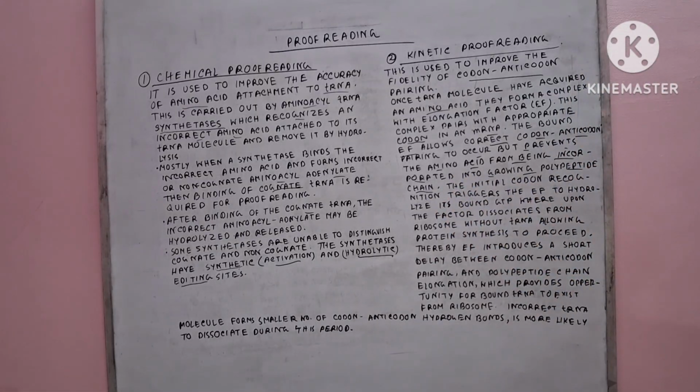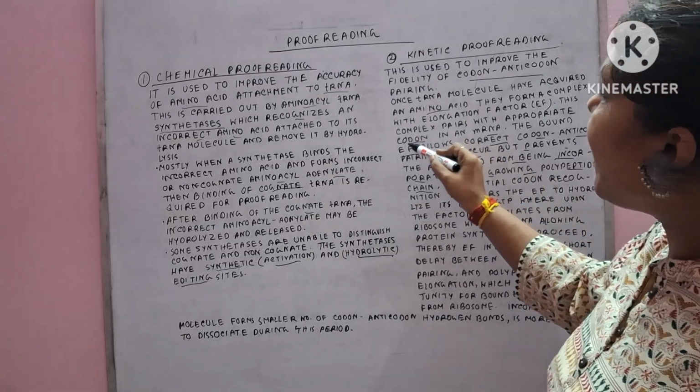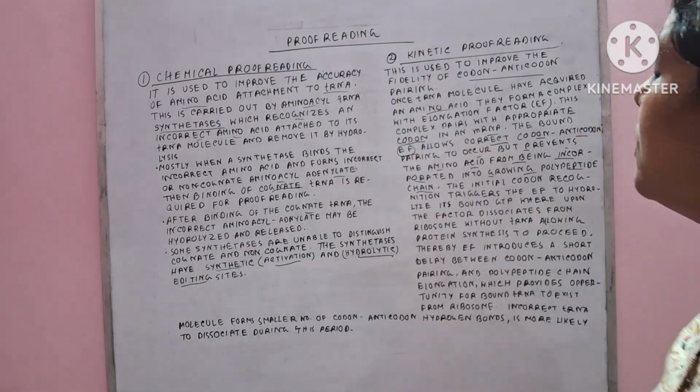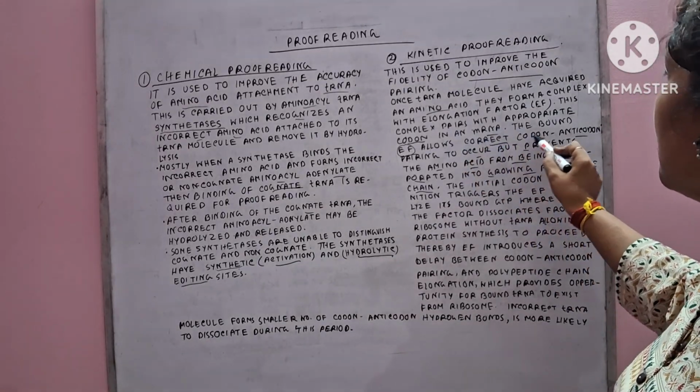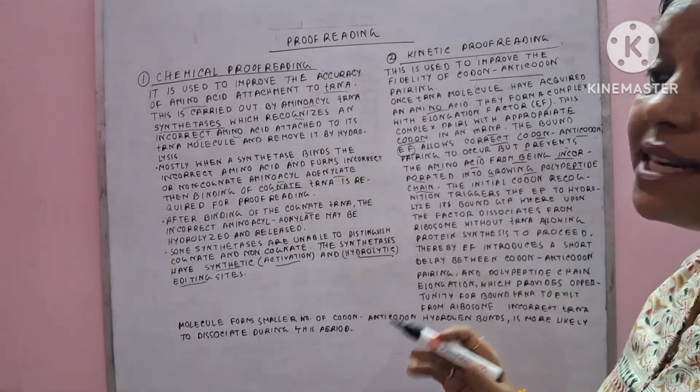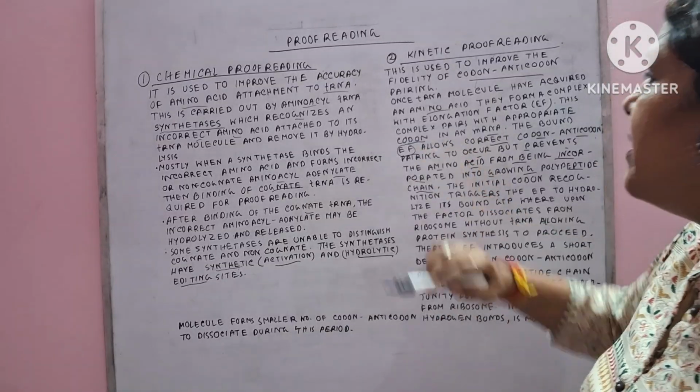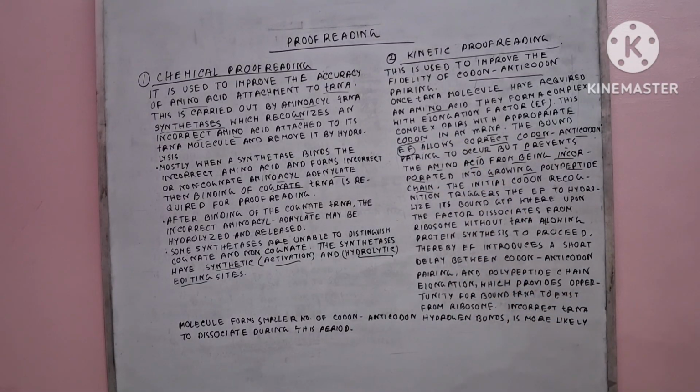So what is it saying here? This elongation factor has an important role. What is the role? It allows only the correct codon-anticodon pairing. It helps in pairing of the correct codon and anticodon.